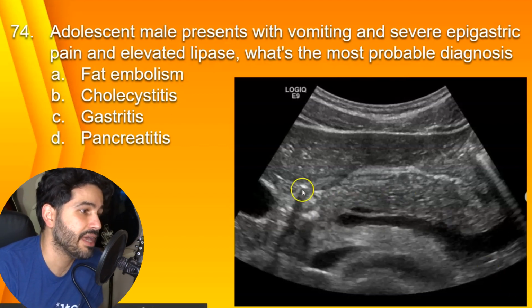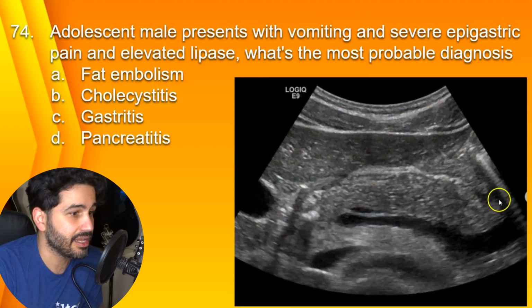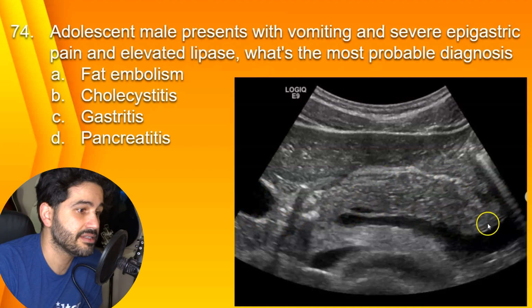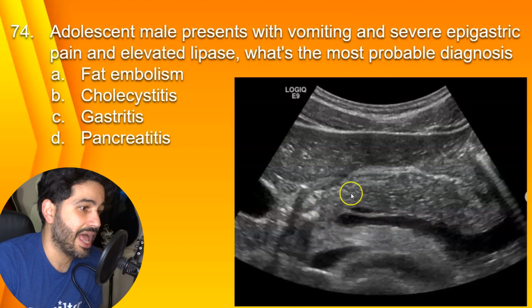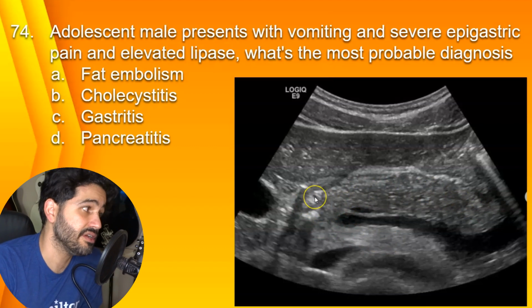So here we have an epigastric image showing the left lobe of the liver, abdominal rectus muscles, a little piece of the gallbladder right here, and an edematous looking gallbladder with some fluid there. Here's your portosplenic confluence. So that is an abnormal looking pancreas with some possible calcifications here.